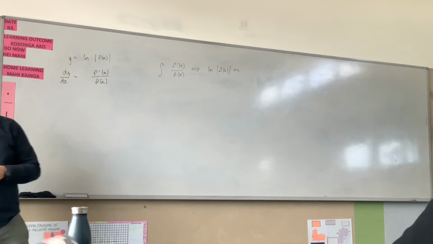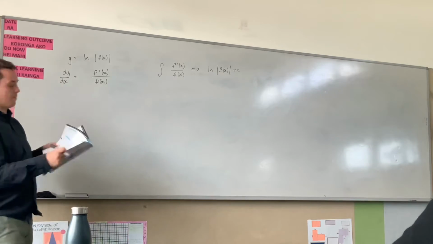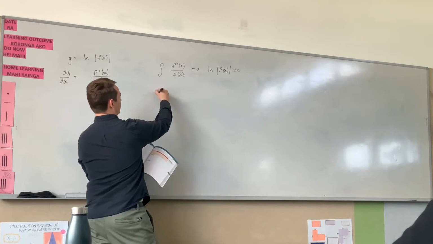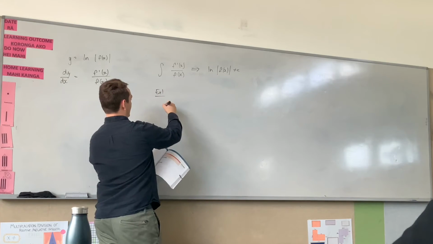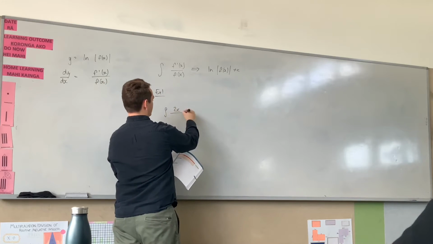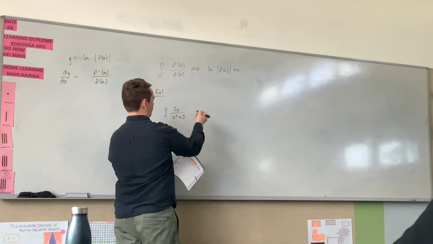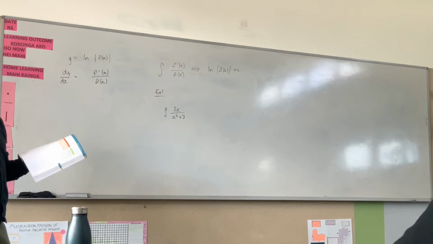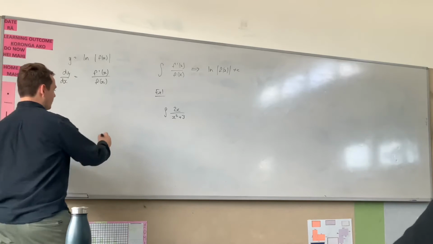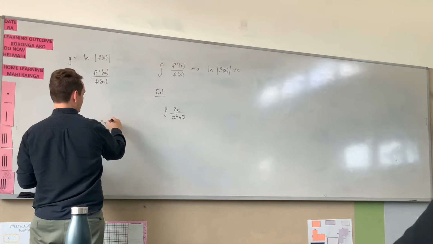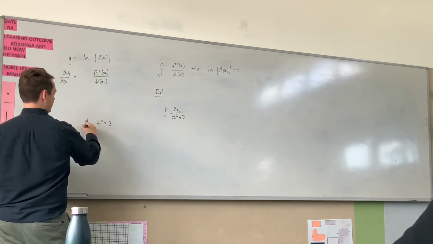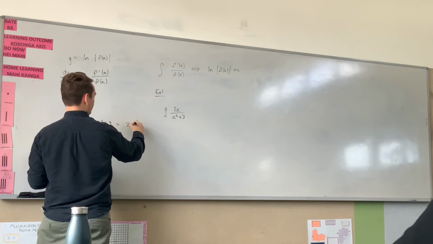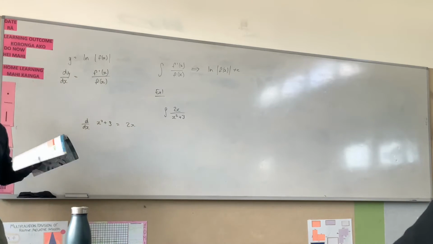Looking at one very basic example first, we've got integrate 2x over x squared plus 3. Is the top a derivative of the bottom? Yes, because the derivative of x squared plus 3 is equal to 2x. So it's a perfect derivative.